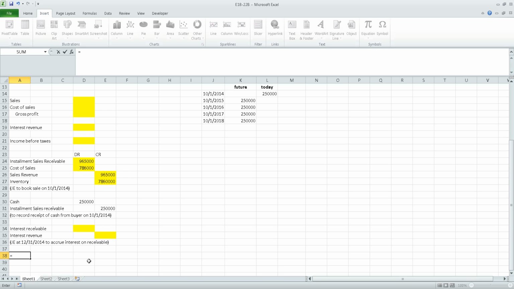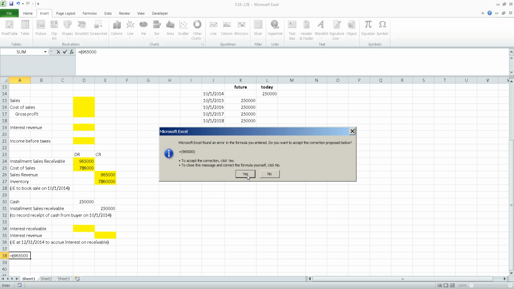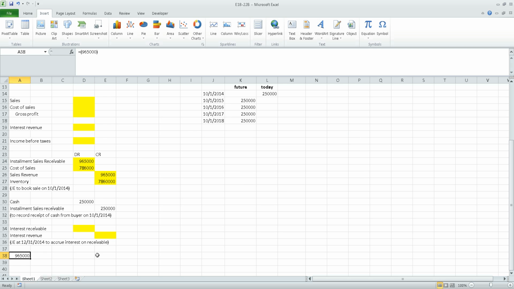So what we've got to do is take the carrying amount of the installment obligation at the beginning of the interest accrual period, that's $965,000, the amount that we booked there as a debit, and subtract from that the cash that we collected here of $250,000.